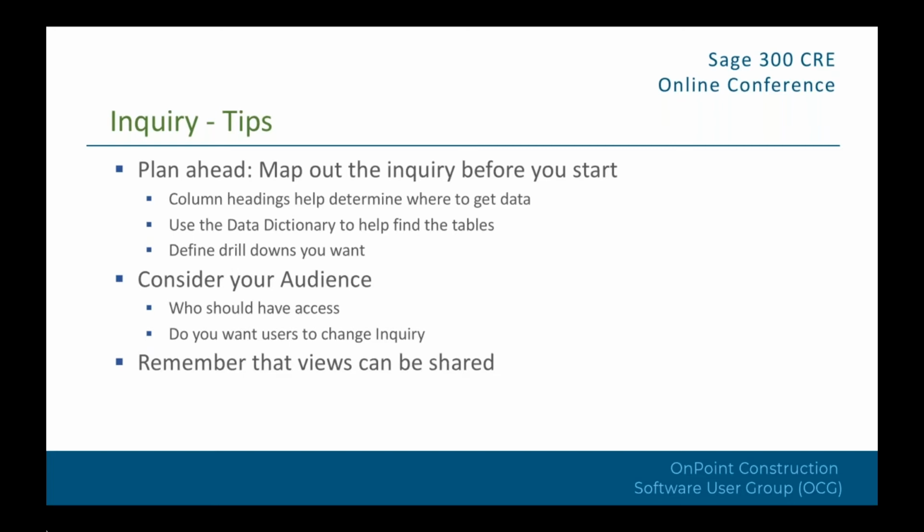And also consider the audience: who is going to be seeing this, and should they have access to certain information that's in there? And do you want the users to be able to change the inquiry when they're in there, if they decide to add a column or change a column? Do you want them to be able to save that?